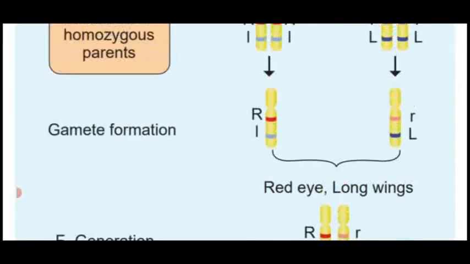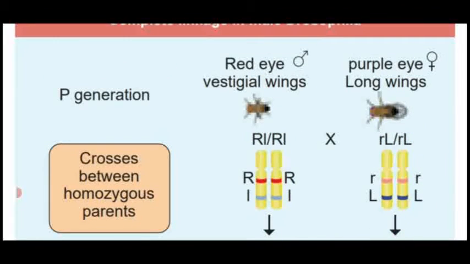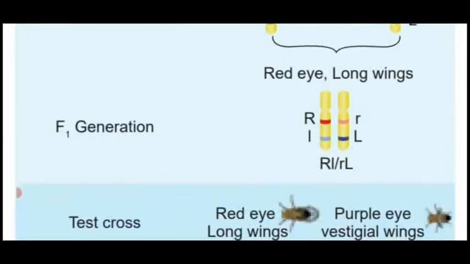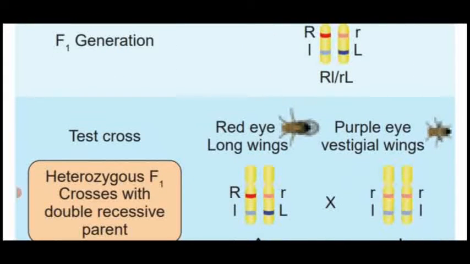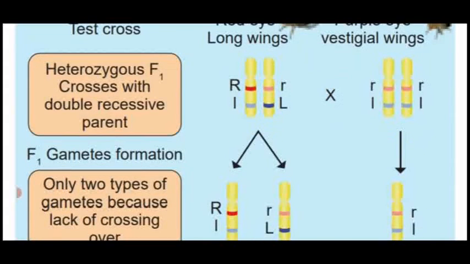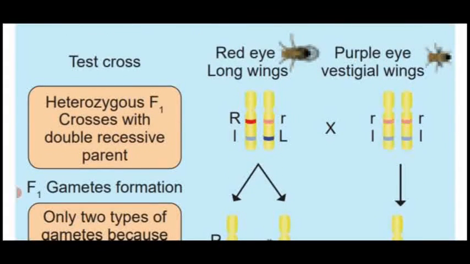But before the F1 generation, the parental generations are homozygous only, and both show the dominant character. But the F1 generation is crossed with a double recessive parent, that means both alleles are recessive, small rr and small ll. So the heterozygous F1 is crossed with the double recessive parent.